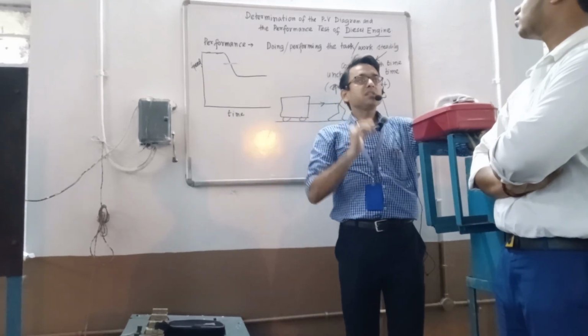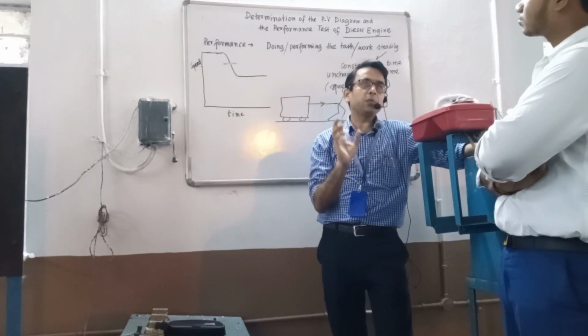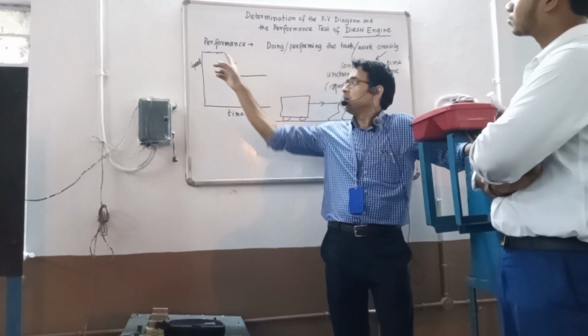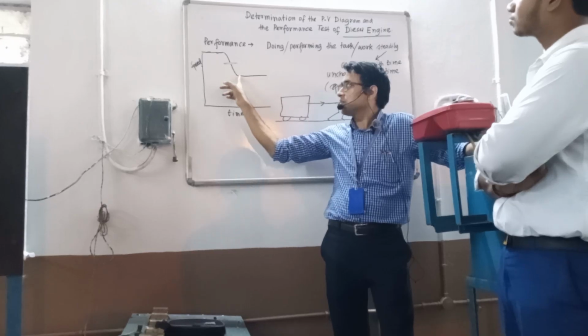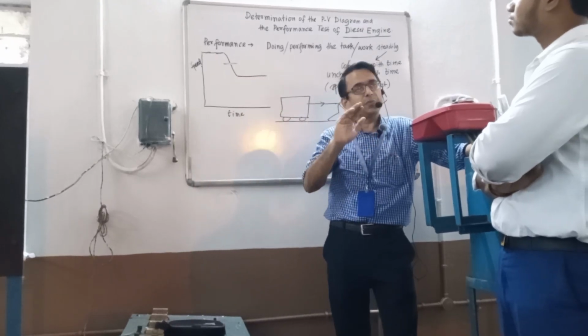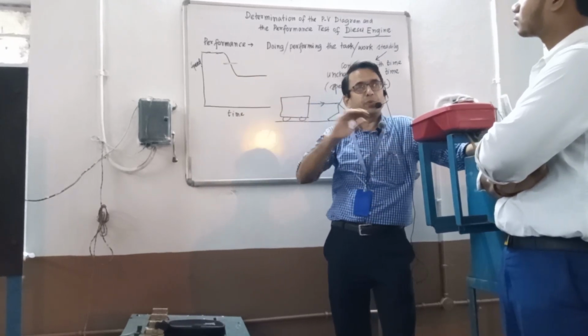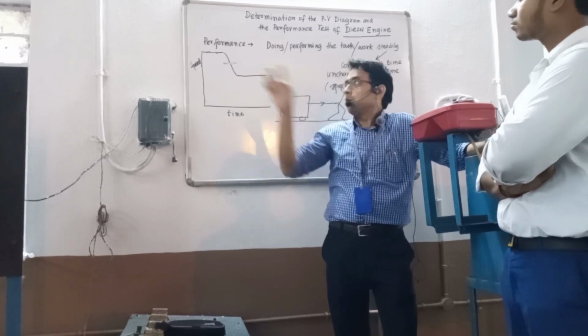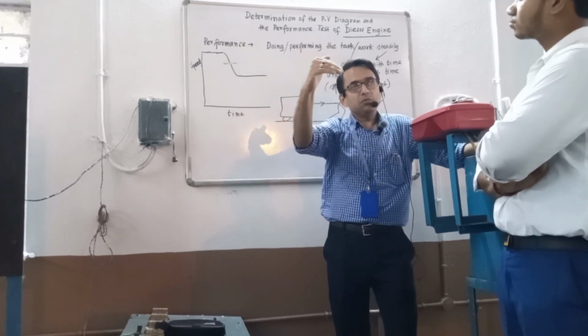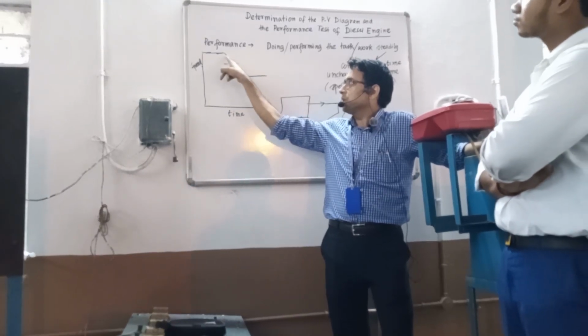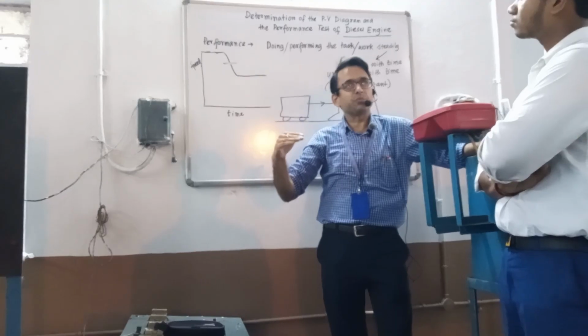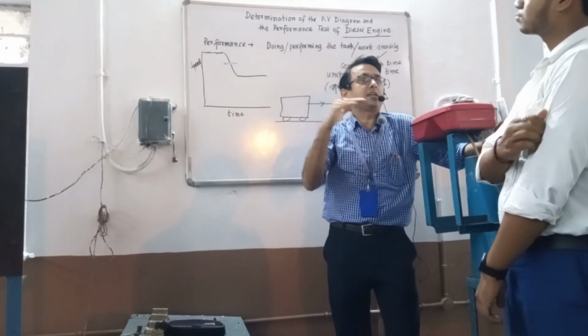That means when I put a load on you, initially you are running at this speed, and after adjustment you are now comfortable at this speed. You are not comfortable at this speed or this speed, where it was still decreasing because your performance is not at that rate.